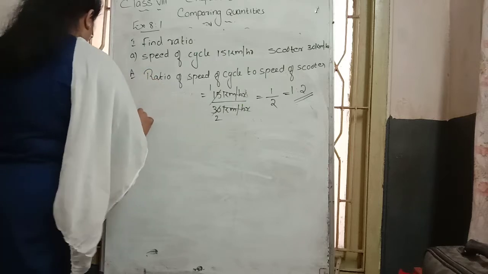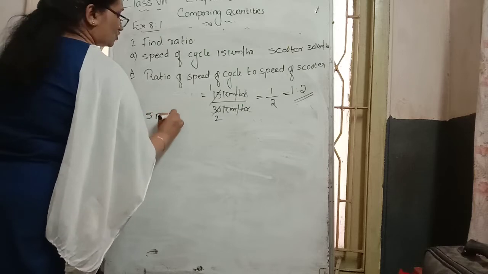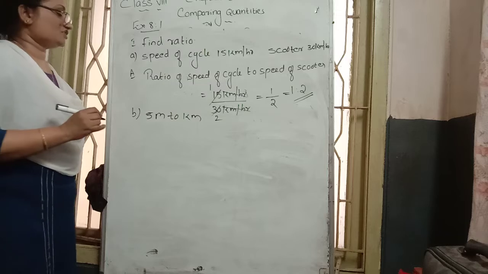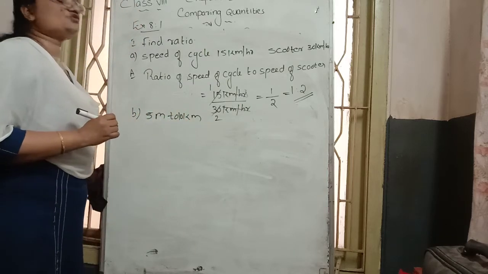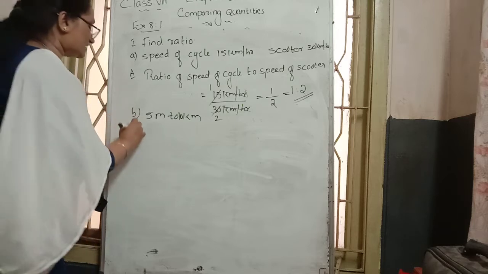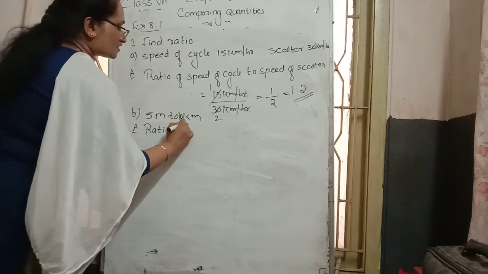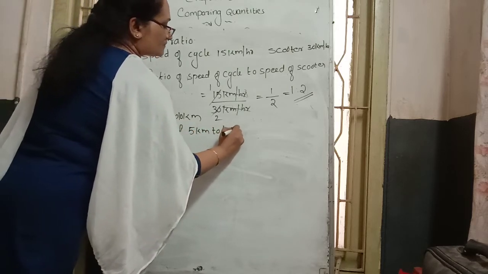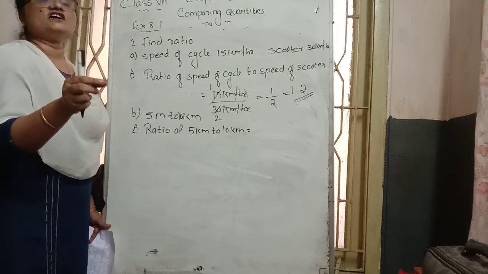Then another question: find the ratio of 5 meter to 10 kilometer. How do we find the ratio? First we write it in fractional form.